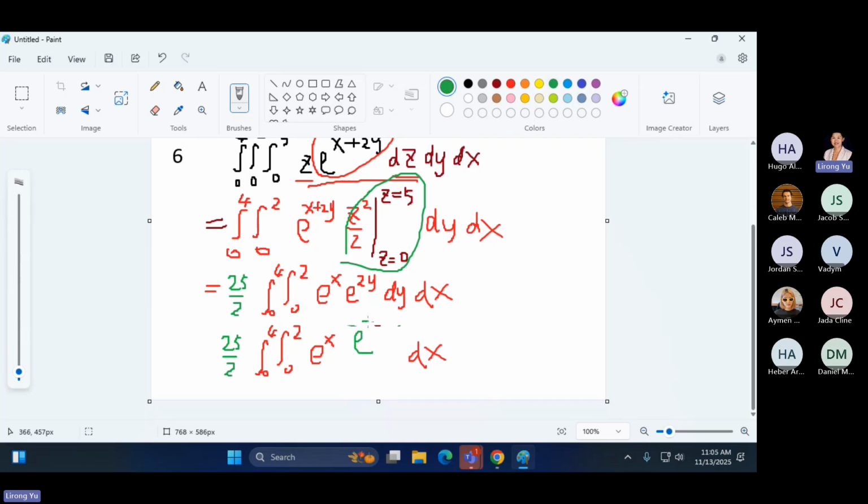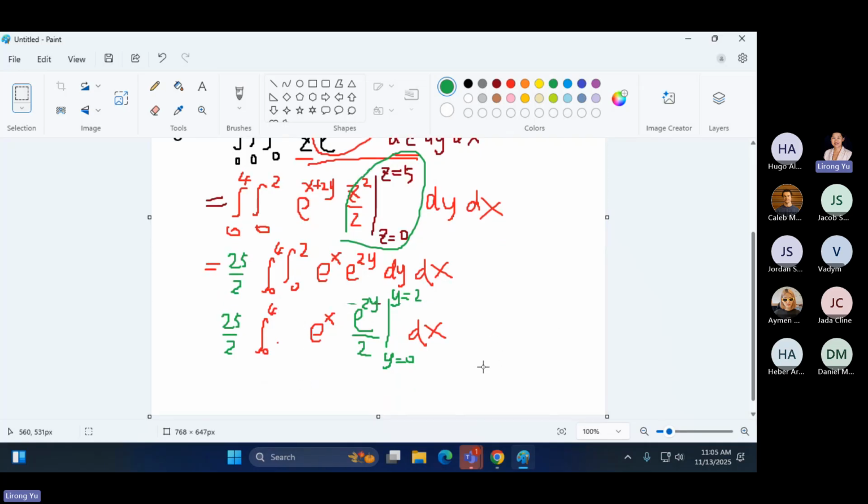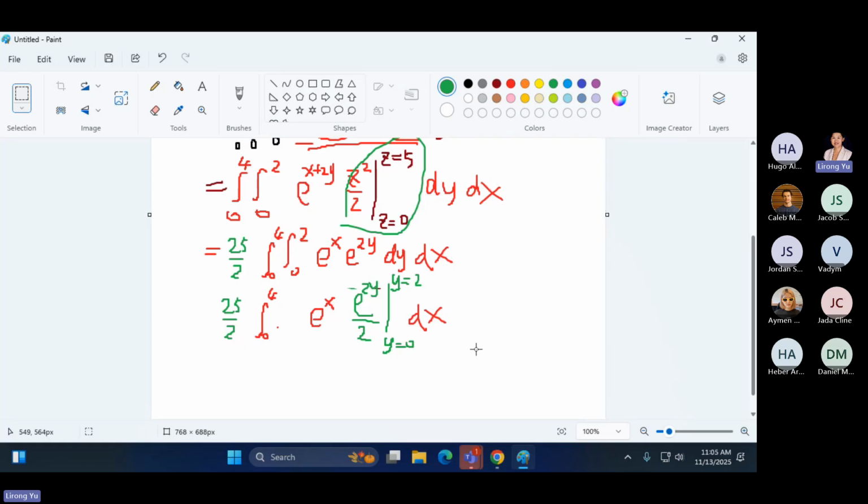So you get e to the 2y over 2. That's the antiderivative of e to the 2y. The upper limit and lower limit are y equal to 0 and y equal to 2. For this, you should use your integration limits to evaluate the antiderivative. So that's the calculation involved in the y variable.